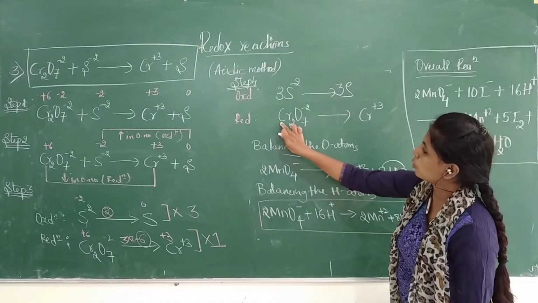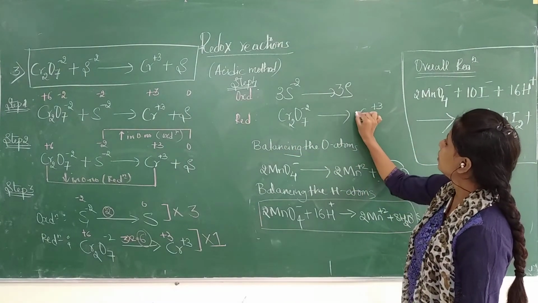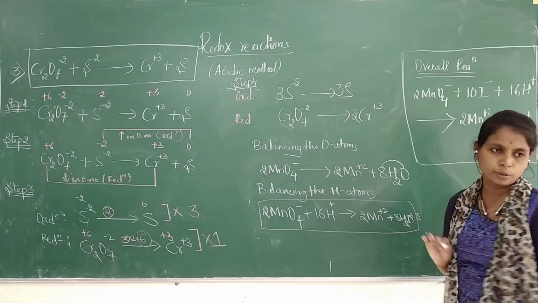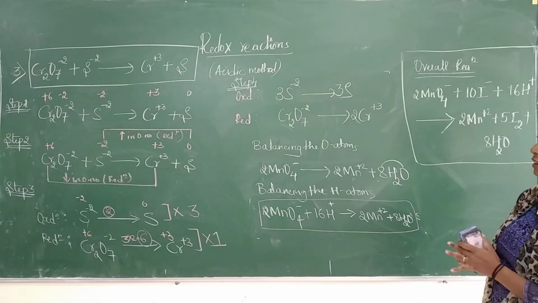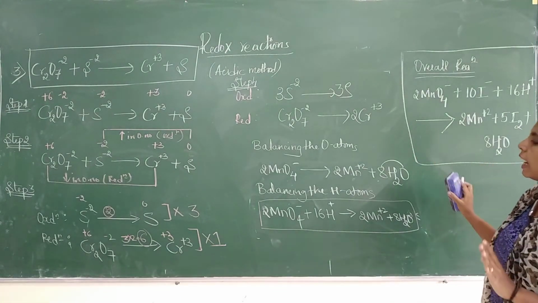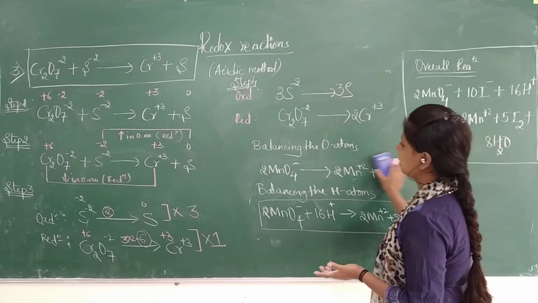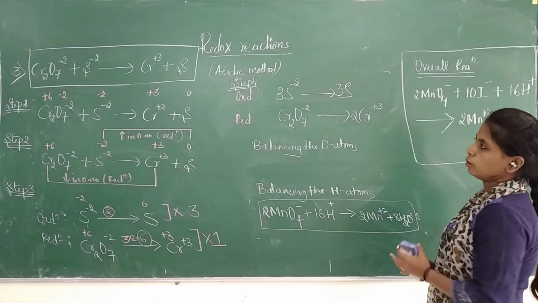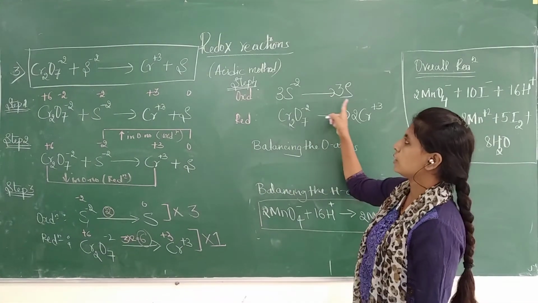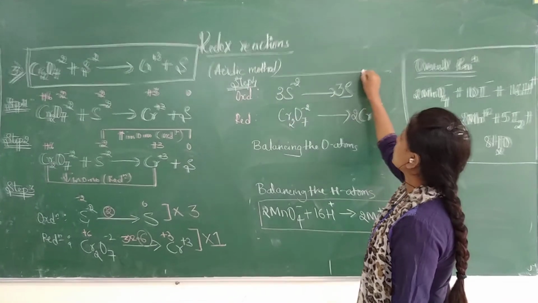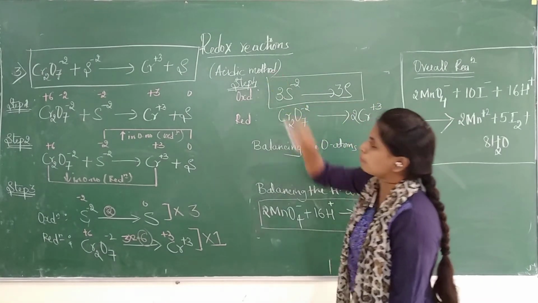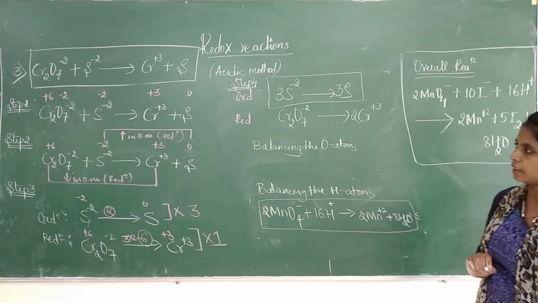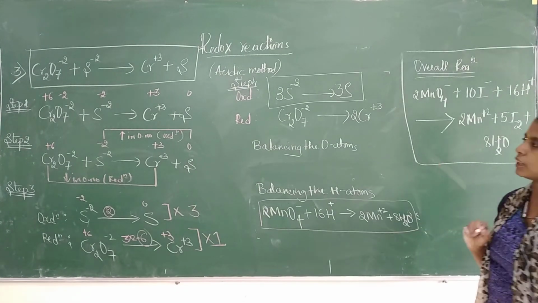Here 2 chromium, we will write here 2 chromium. Clear? Now it is balanced. We have balanced only the atoms other than oxygen and hydrogen. Now as you know, in an oxidation half reaction there is no oxygen as well as hydrogen. Now it is balanced here. Now you are going to balance the reduction half reaction.